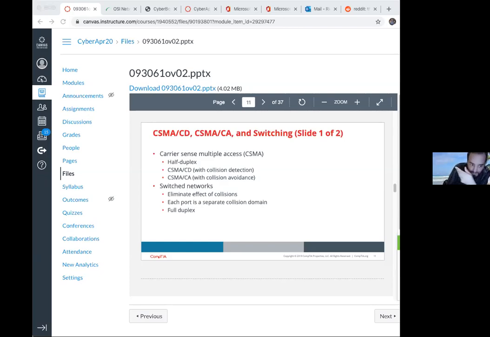Using a switch means each switch port, because you have ports on a switch, right, operates in half duplex mode, and so collisions will only affect that port. We can also allow for full duplex transmissions, in which they can send and receive at the same time.